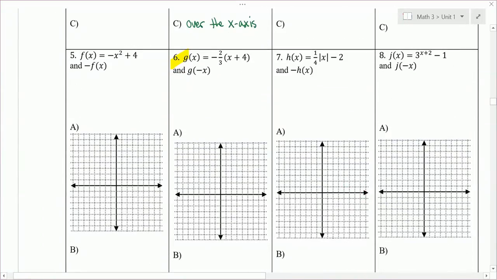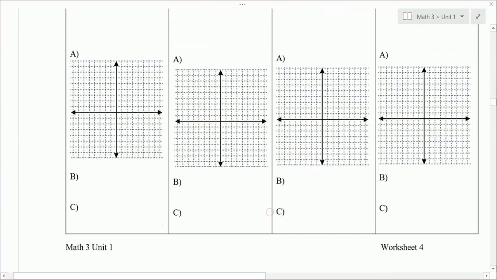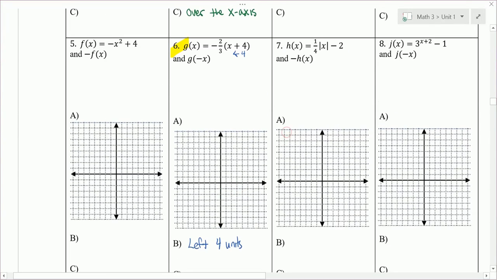Number 6, we have a linear equation, g of x. And in g of x, the x plus 4 is moved to the left 4 units from the parent graph. And so I'm going to write that, left 4 units. And so from 0, 0, I'm going to go left 1, 2, 3, 4 right here. And notice my slope is negative 2/3.